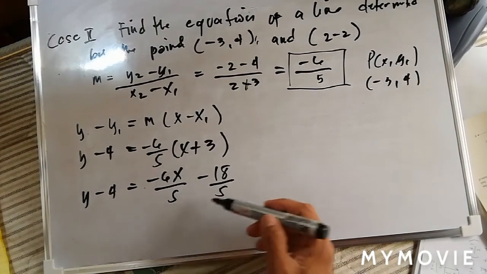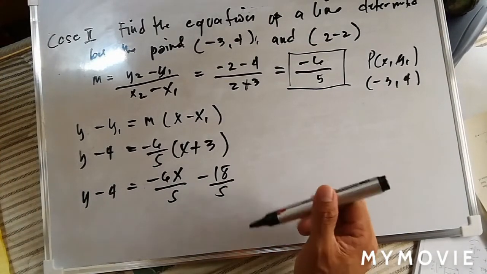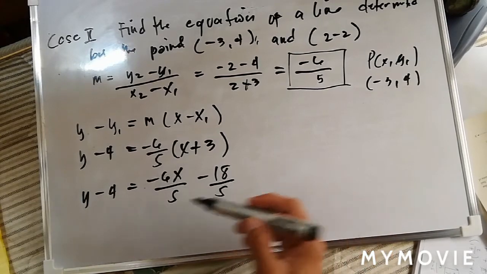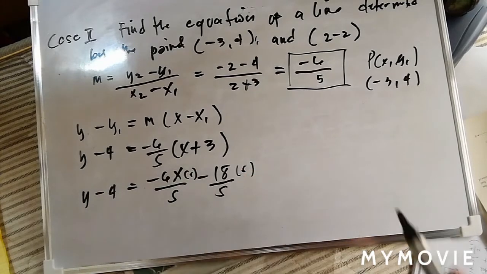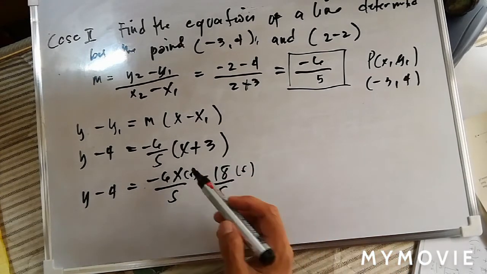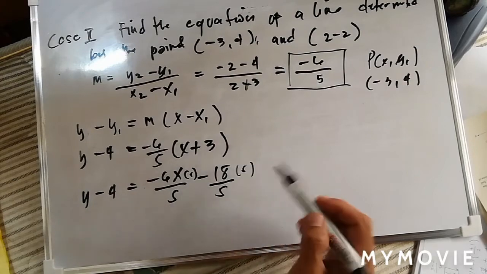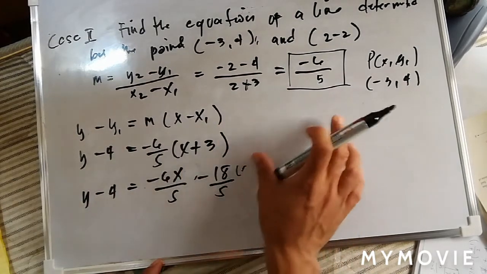Here we can use the LCD, which is 5, so we multiply by 5 to cancel the denominators.